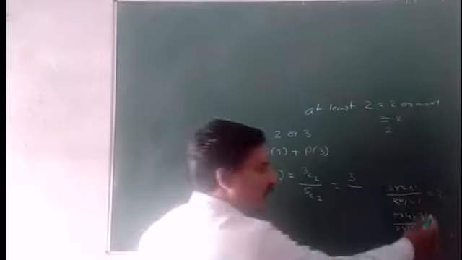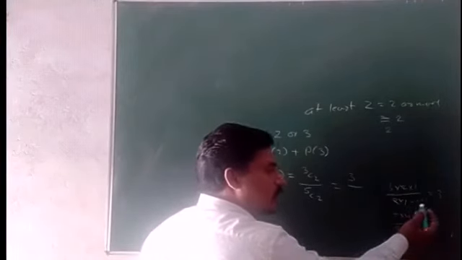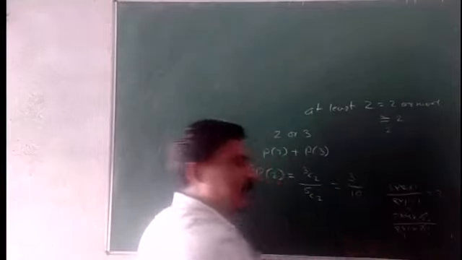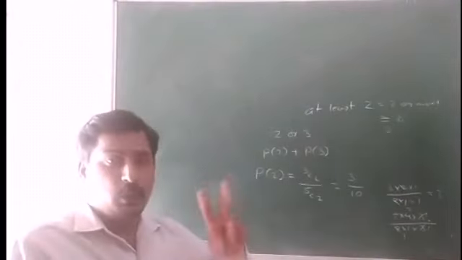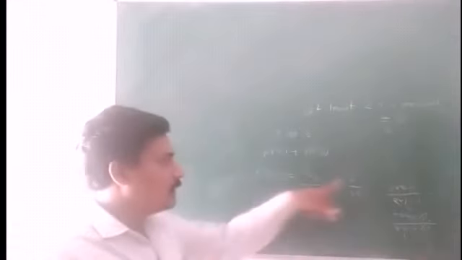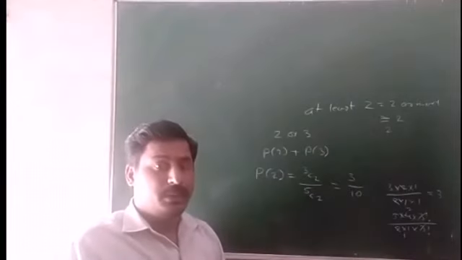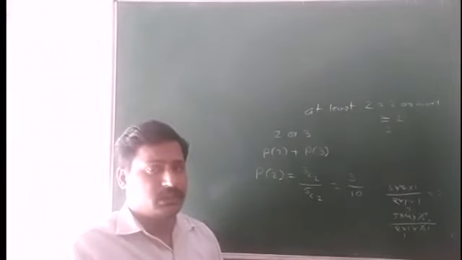So 3 factorial gets cancelled. 5 twos are 10. So the probability of selecting 2 female doctors in that team is 3 by 10.